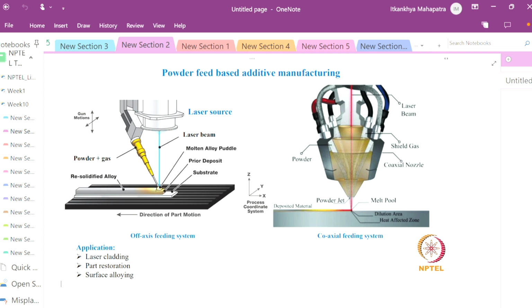These are the two types of mechanism that can feed the powder particles into the laser beam. You can see the laser beam here and here. In this type of additive manufacturing process, we do not use an electron beam.